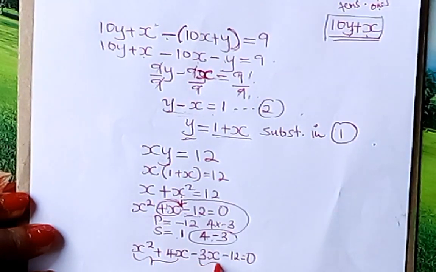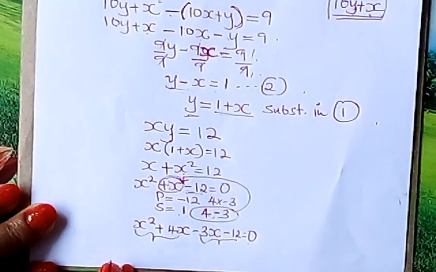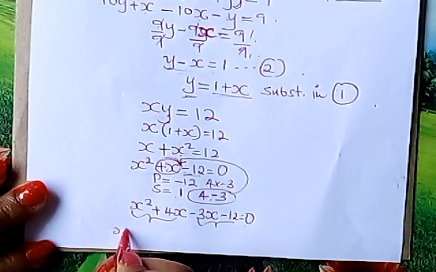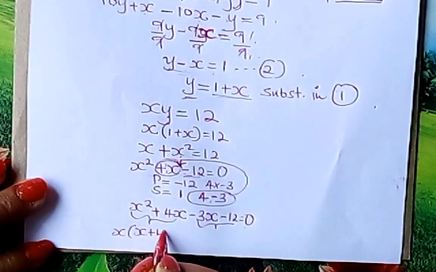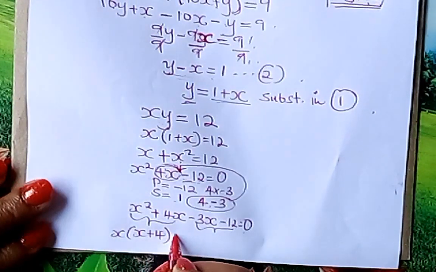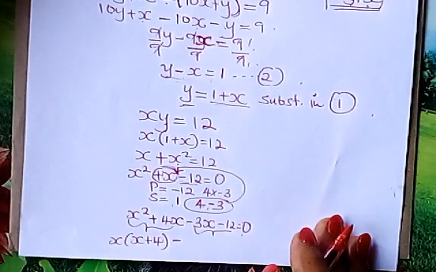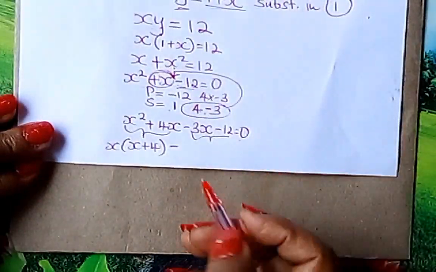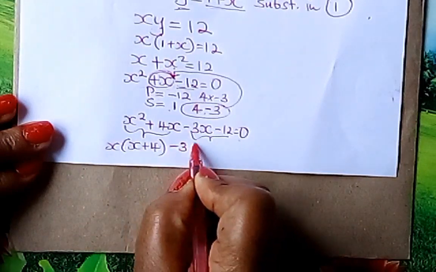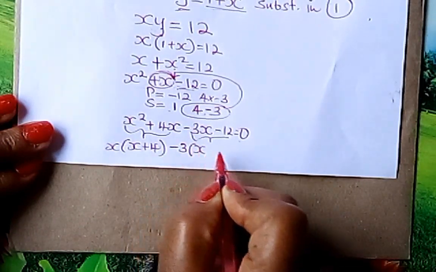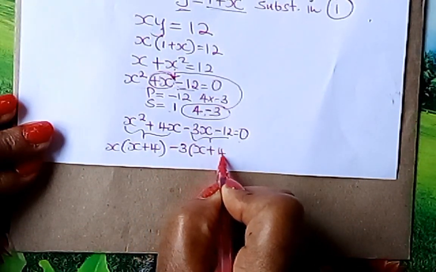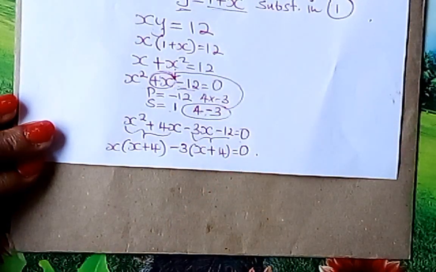Factor out what is common in these two groups. Here you talk of x in bracket, x plus 4. Then here you factor out 3. You'll be left with x plus 4 is equal to 0.